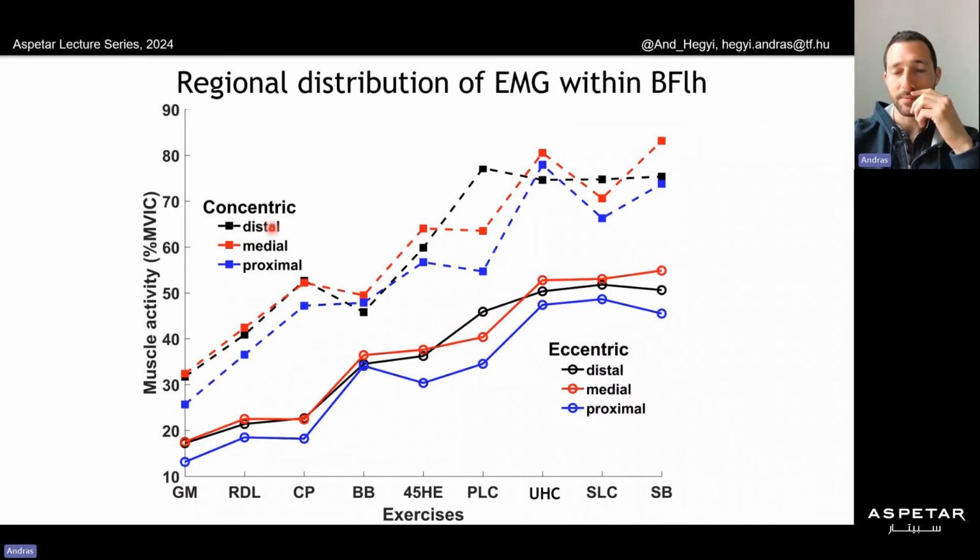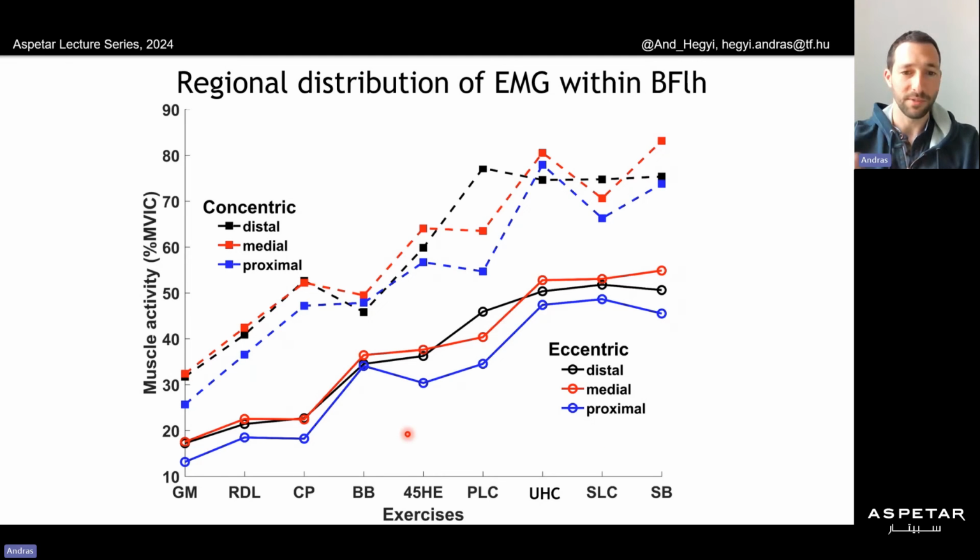What was a novel part of this study is to use this high density EMG where we compared different regions of the muscle. What we can see here is, for example, proximal, middle, and distal region with different colors. On the top, we can see the concentric phase, and on the bottom, we can see the eccentric phase of different exercises.